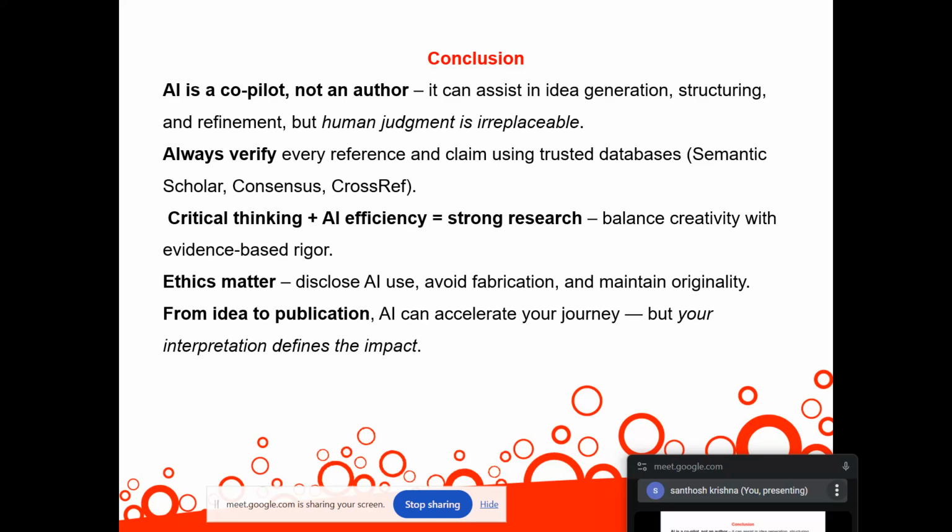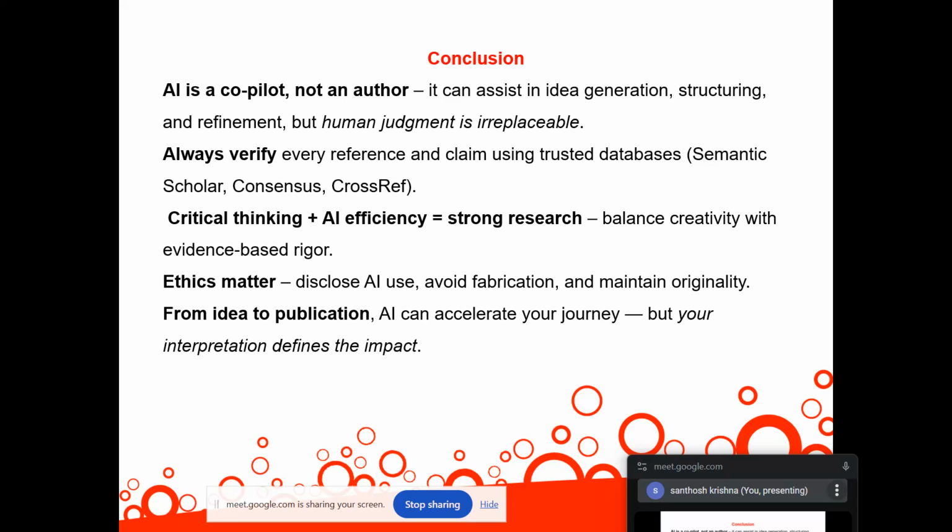You can also use Consensus or CrossRef, or any other tools, to verify them. Critical thinking and AI efficiency together will give us strong research, because we have very good critical thinking capacity. Along with the efficiency of AI, we can build very good, strong research papers.